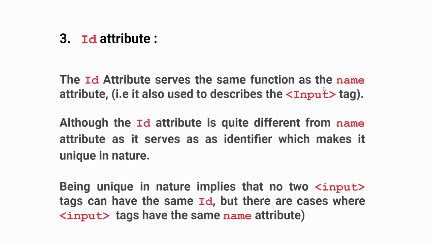But the ID attribute cannot be similar. It must be very, very unique and distinctive. If he is to have an ID attribute within the first input tag, which is for the first name, the ID attribute there can be assigned first name, while in the second input tag for the last name, the ID attribute can be assigned last name.